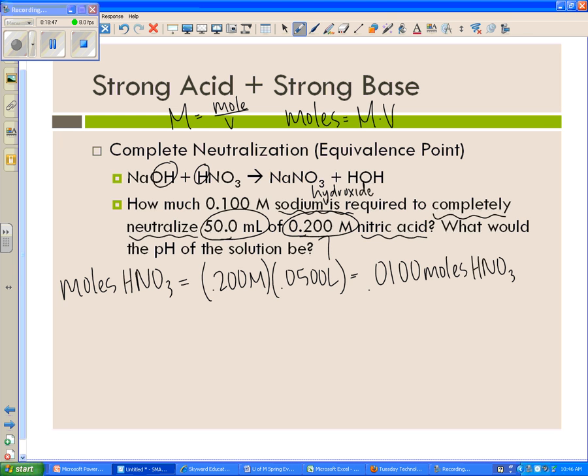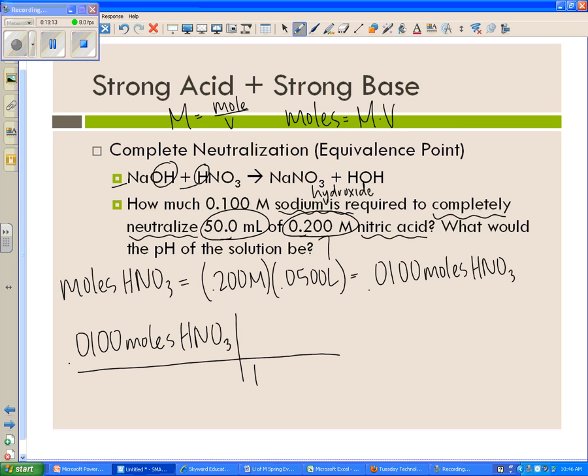Rather than having to reason that in your head, though, you can rely on the mole-to-mole ratio in the balanced equation to figure this out. If I need 0.0100 moles of acid to be neutralized, because this is a 1-to-1 ratio in the balanced equation, for every 1 mole of hydrogen ions, I need 1 mole of hydroxide ions.